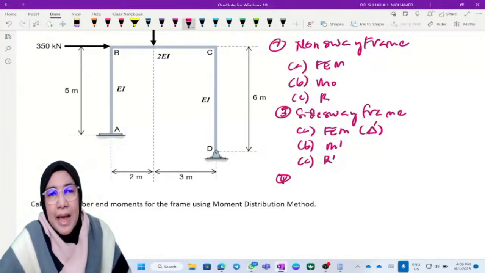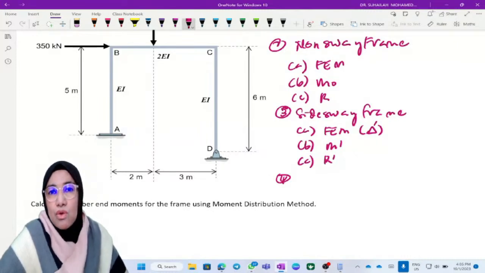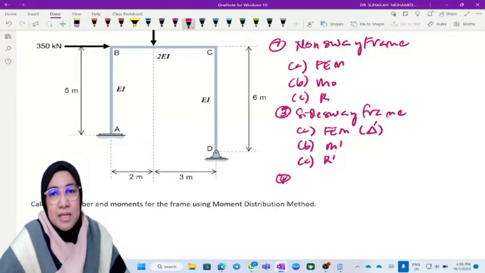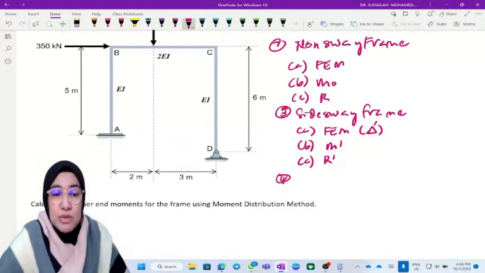M naught is end moment from non-sway frame, and we have M prime end moment from sidesway frame. So we need to combine these, but for the sidesway frame, we have a correction factor. So we combine all this under one equation, which is actually the principle of superposition. I have explained the derivation of the principle of superposition in my previous video as well.